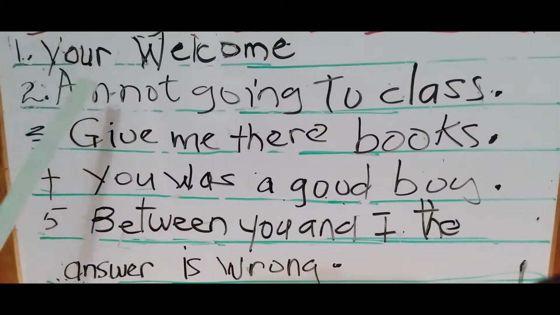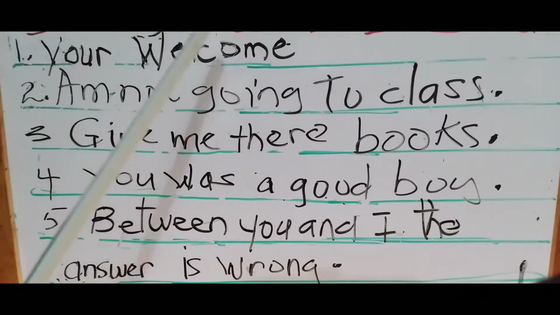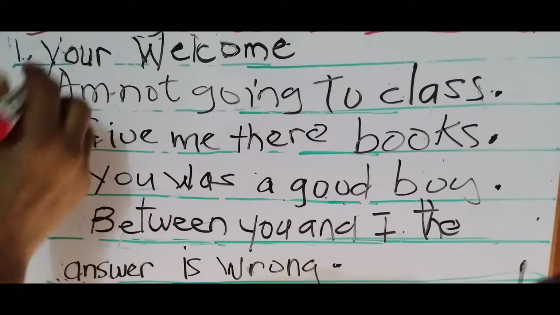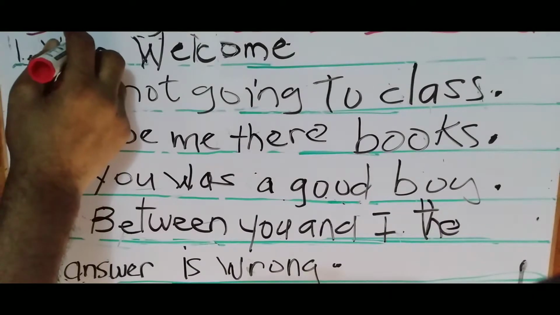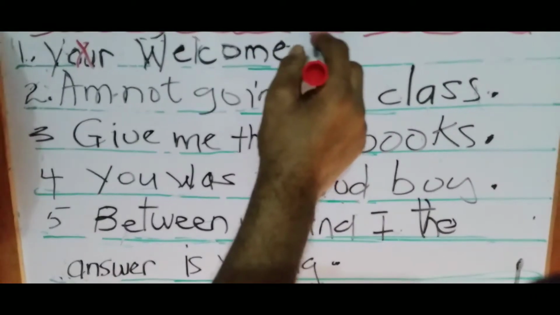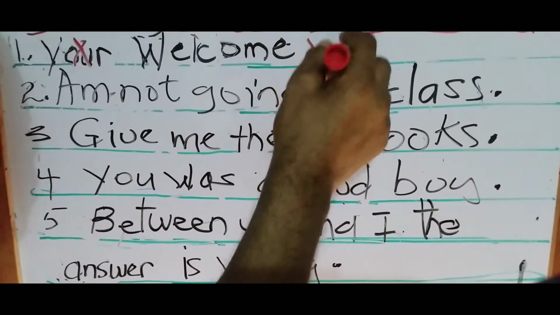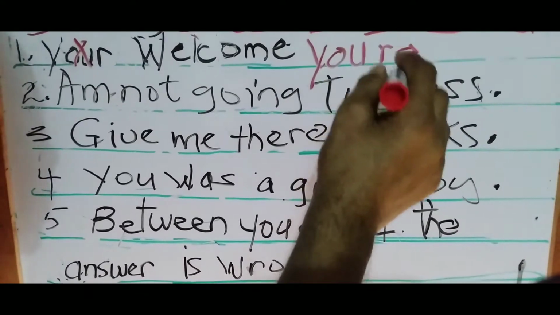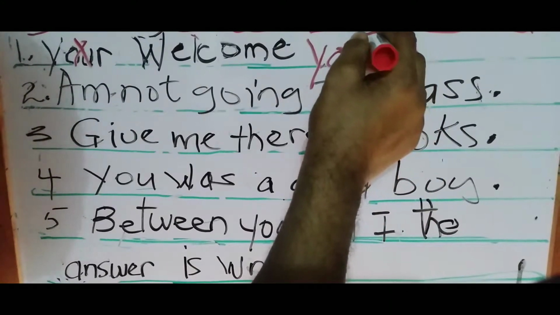All right. The first sentence says, "Your welcome." The correct thing to say is, "You are welcome," and we could shorten that, make it into a contraction, and say, "You're welcome." So this is not correct. We should have Y-O-U-R-E, with an apostrophe there.